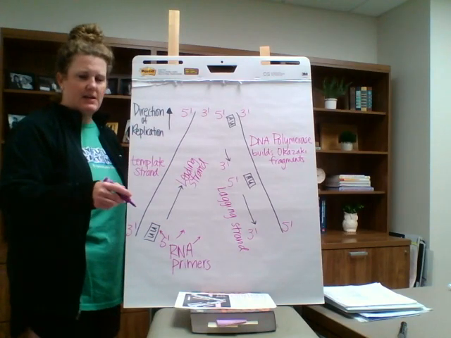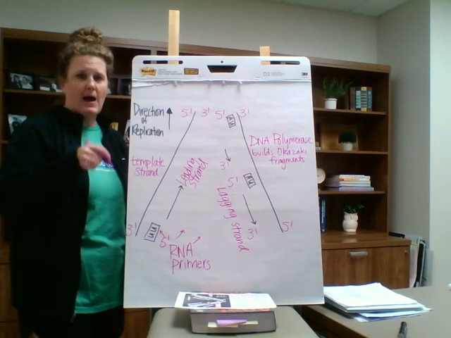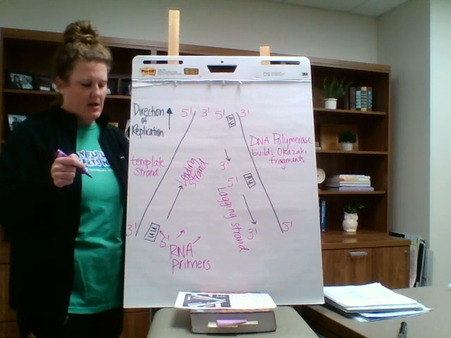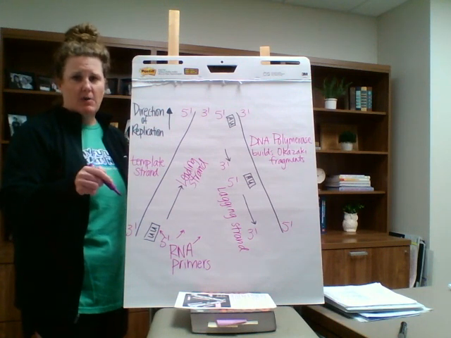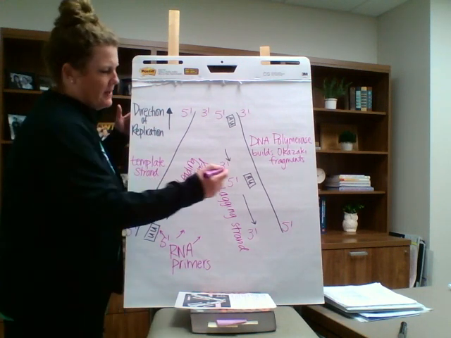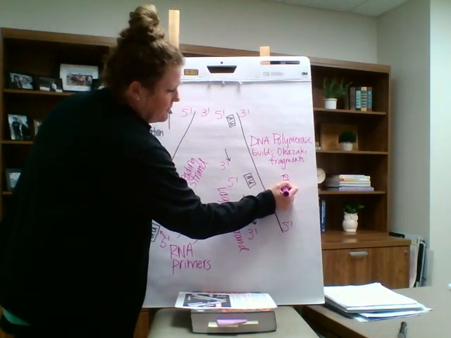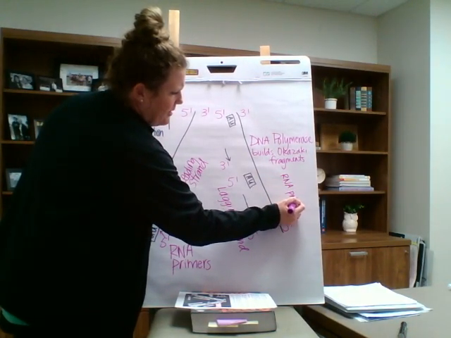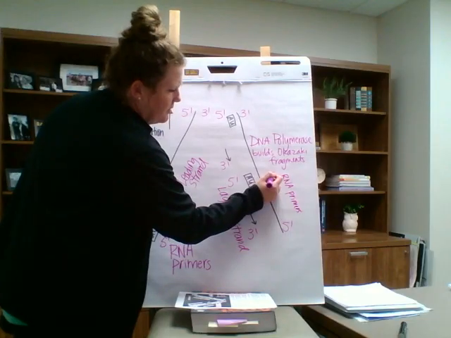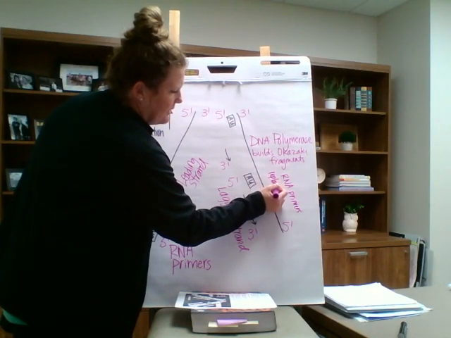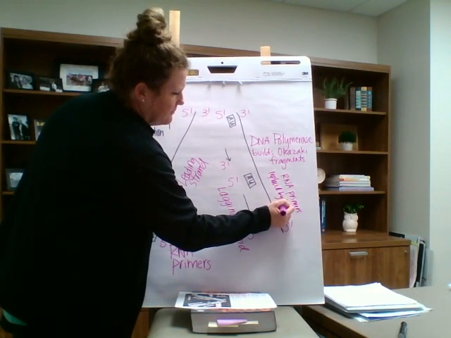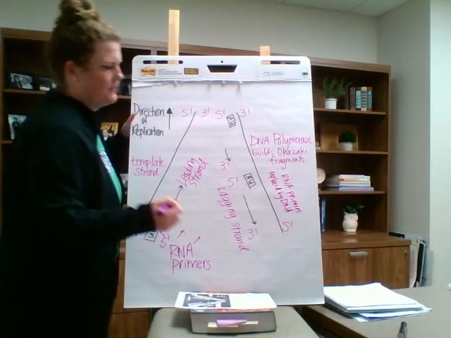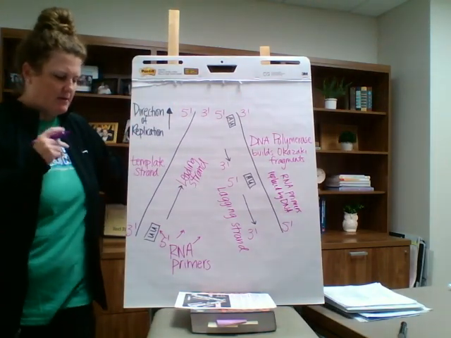So this technically is representing what we would do after the DNA is built. And so it's going to be RNA primers are replaced by DNA. And that's what's going to go in that blank, okay?